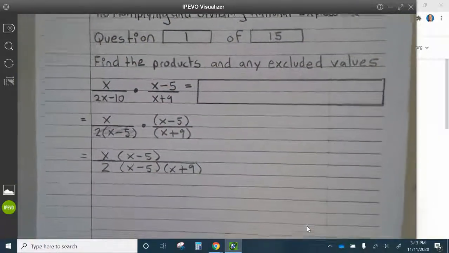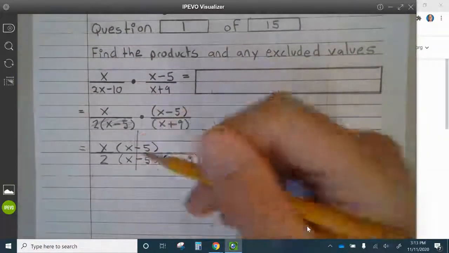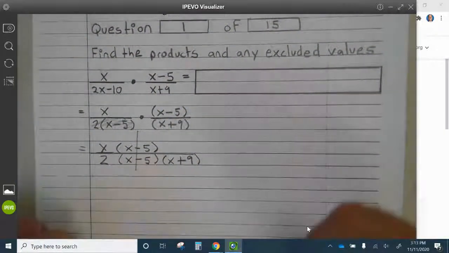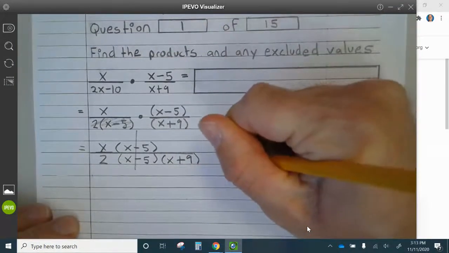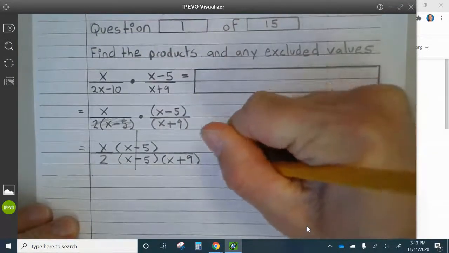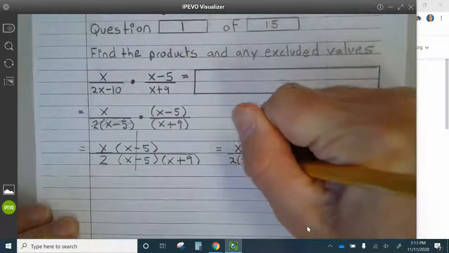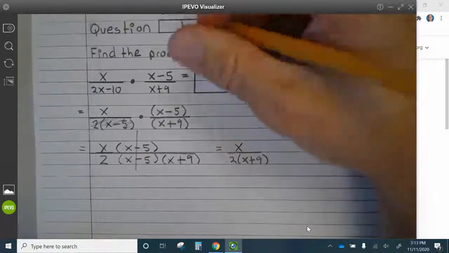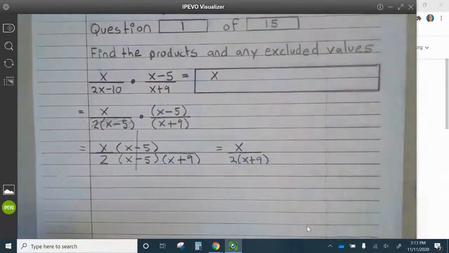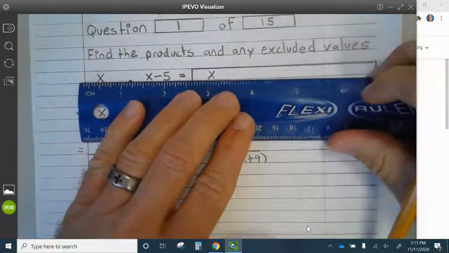We can see that this divides and becomes 1. So you're left with x divided by 2 times x plus 9. So this times this equals x divided by 2 times x plus 9.